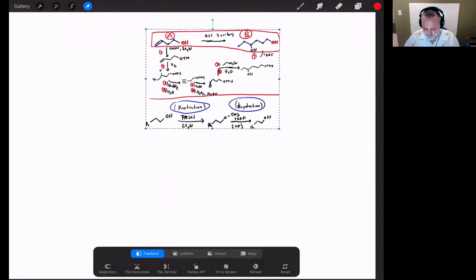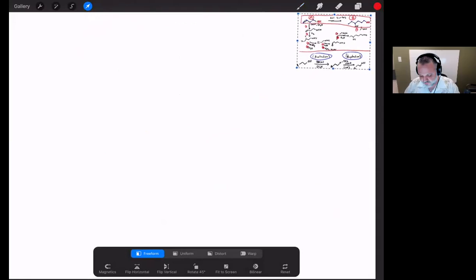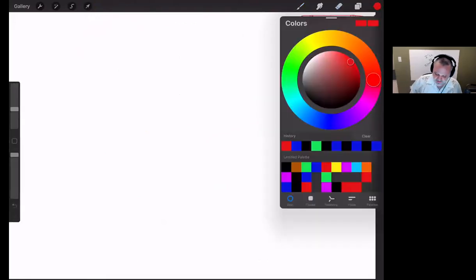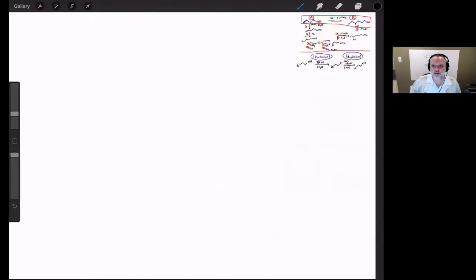Let's continue to talk about other reactions of alcohols. And so we want to leave the realm of Grignard reagent, and we want to talk about other reactions of alcohols. These are essentially substitution reactions. One thing I can do is take an alcohol and substitute it with a chlorine in the presence of zinc chloride.